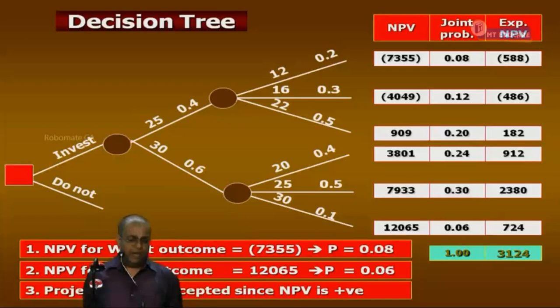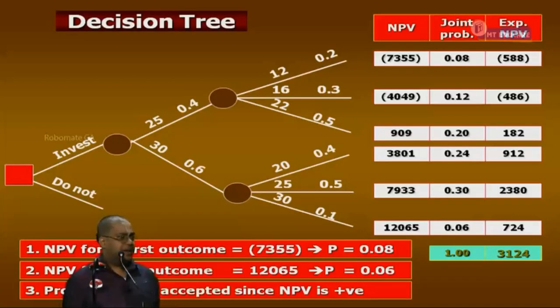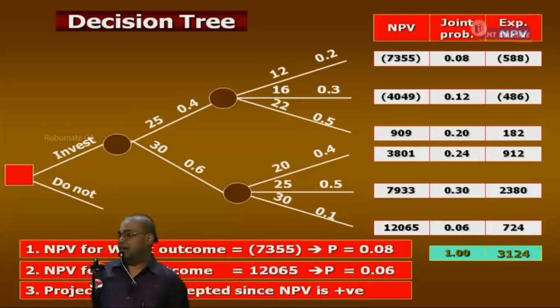It means our NPV should be either minus 7355 or, underline the word or, minus 4049.